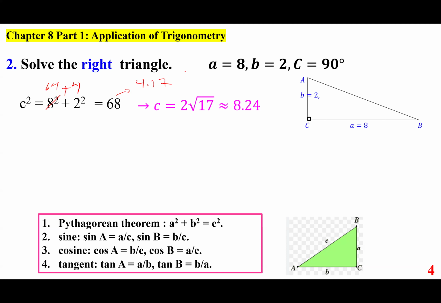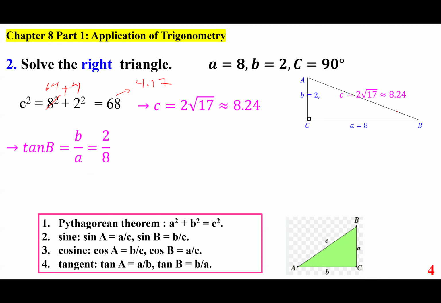Now, we have all sides. We can use the easy way out. Tangent is the opposite over the adjacent. So we said this is 2 square root of 17 or 8.24.